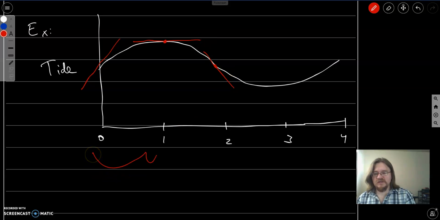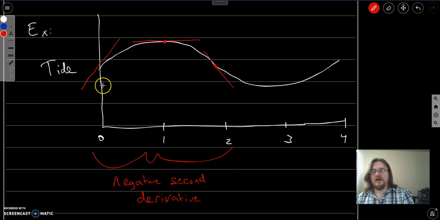So over this section here, we're going to have a negative second derivative. And again, how do I know that it's a negative second derivative? Well, the derivative is trending in a negative direction, right? It's going from positive to 0 to negative. So our second derivative is going to be negative over this section.